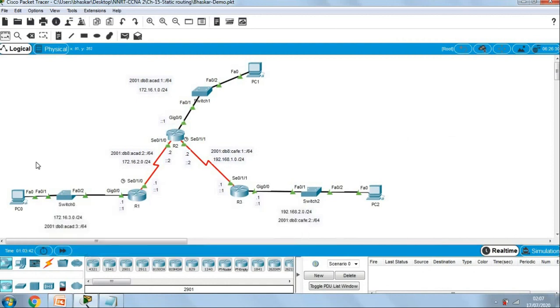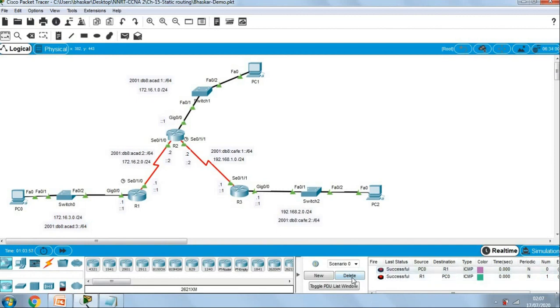So this is the IP address for this one. Now I configured this interface as well as this one. First I'm going to check whether communication from PC0 to R1 is successful, as well as from R1 to PC0.